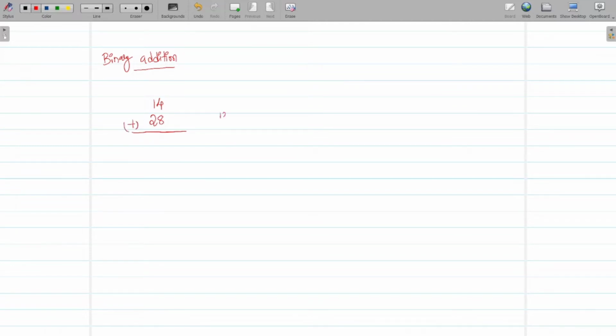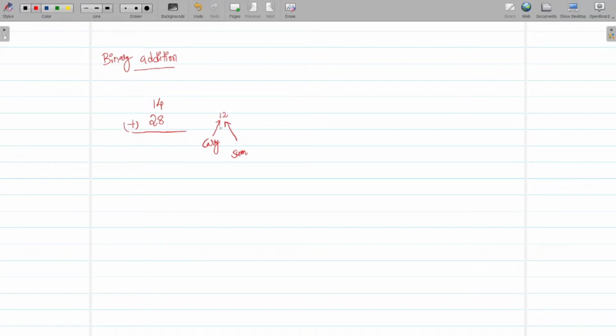In this 12, we consider 1 as the digit which needs to be forwarded to the next significant bit. So we consider this as a carry bit, and this as a sum bit.